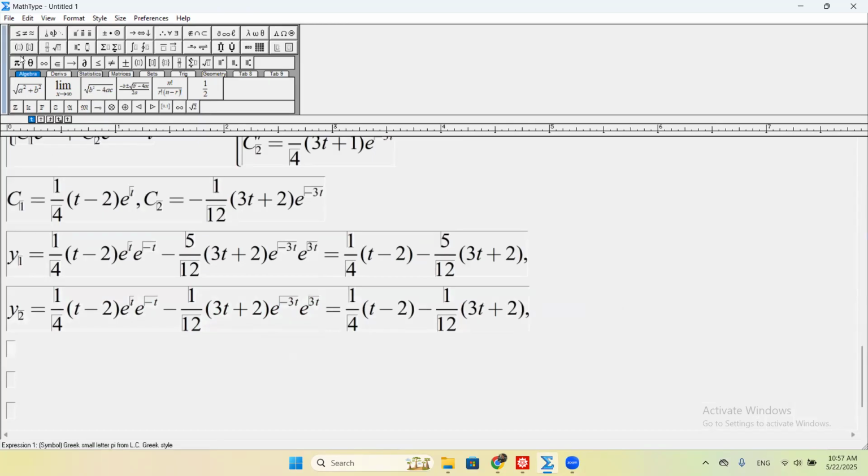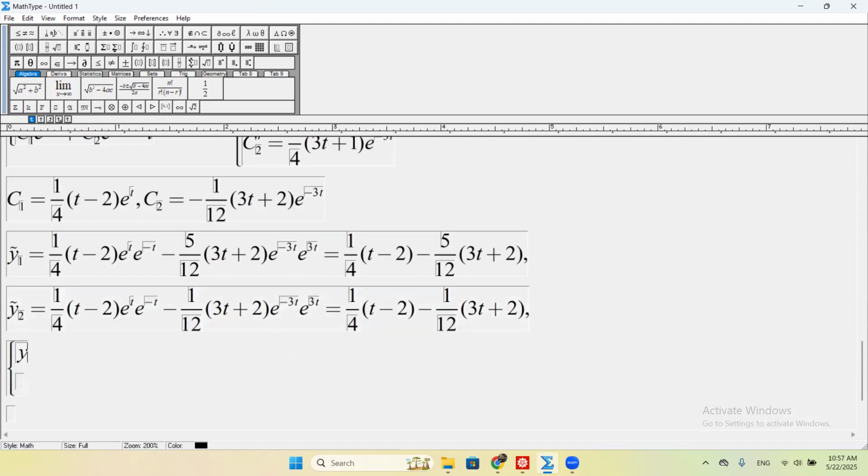So the general solution will be the following. Okay, this is partial. So both of these solutions are partial, by the way.